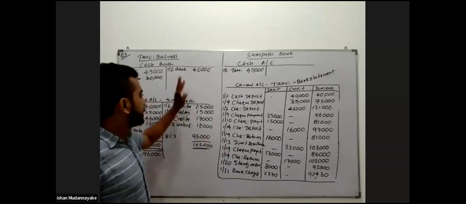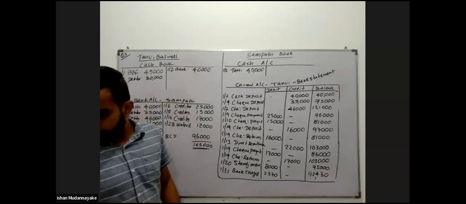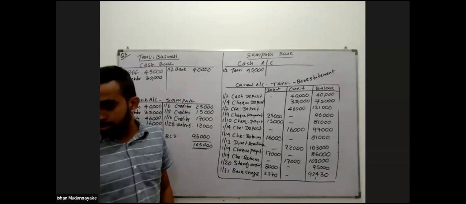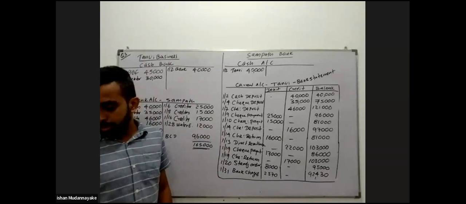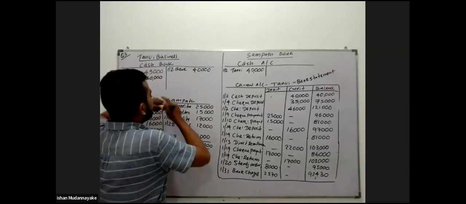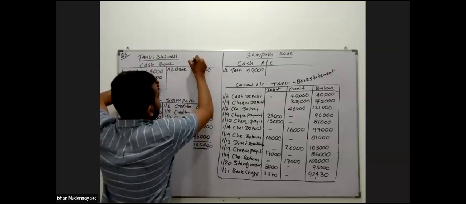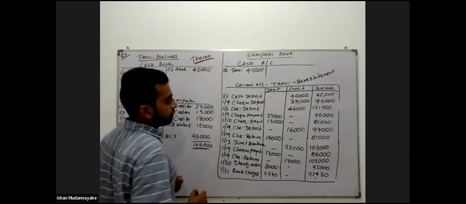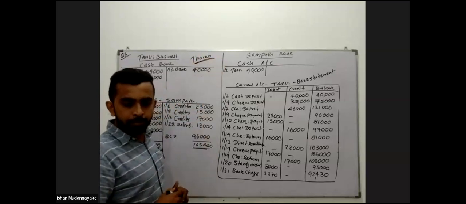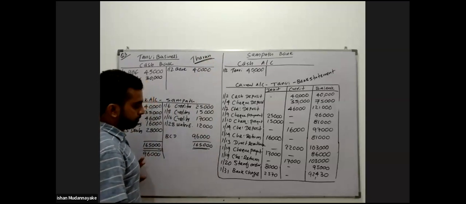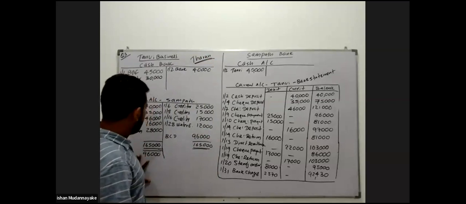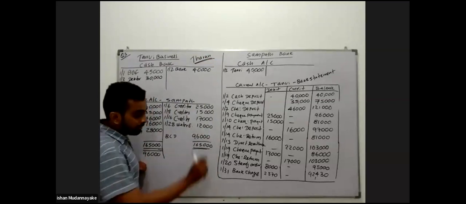Let's say this business organization belongs to Tanvi, and Tarun is the accountant. Tarun checks the bank statement.